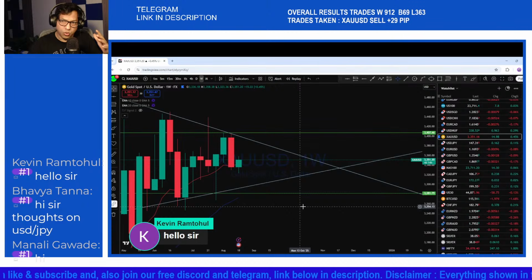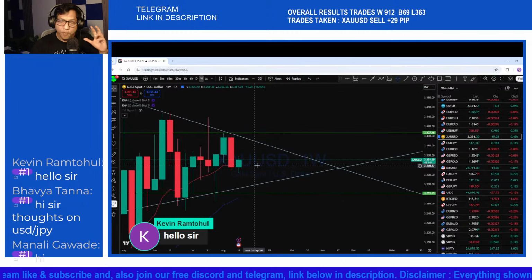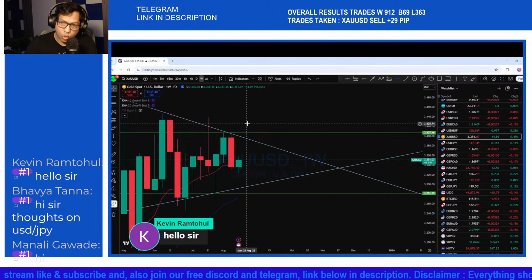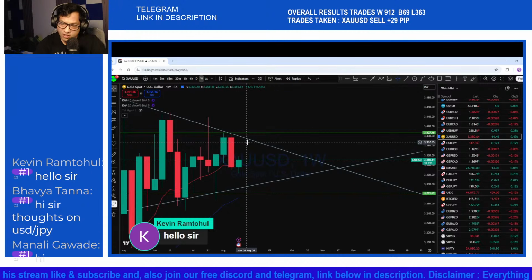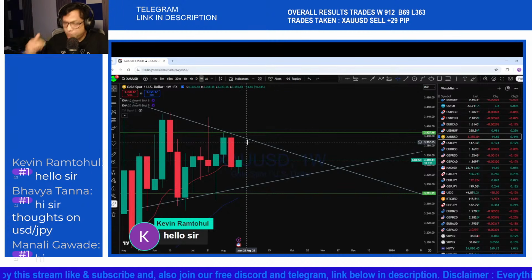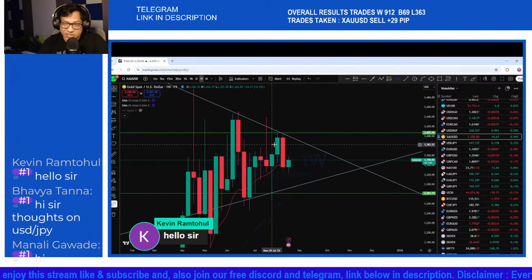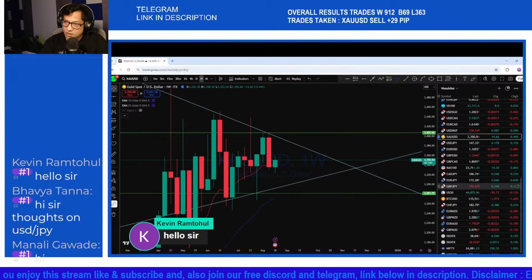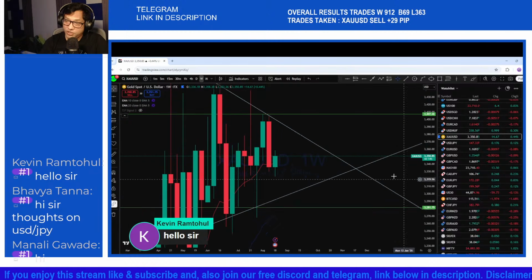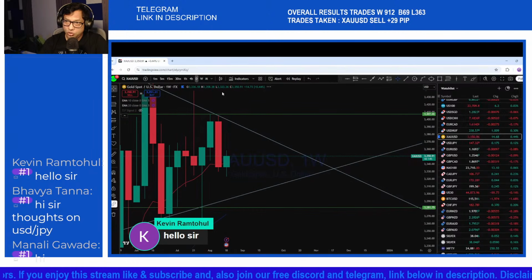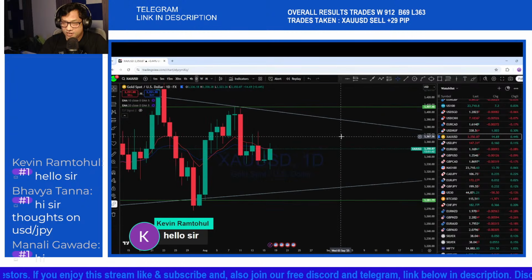We still cannot completely comprehend whether it's a pullback or a return to the major direction of the trend. But once we see the market show a clear lower time frame confirmation, we will be able to know which directional bias is highly likely to happen.